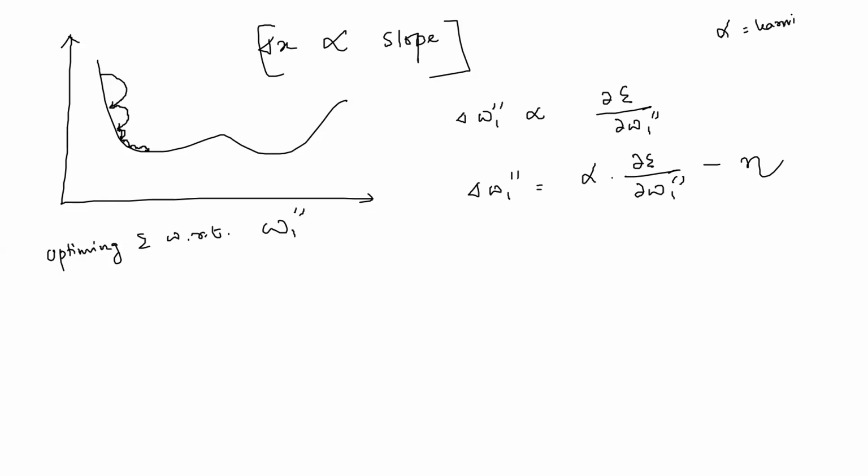Alpha is the parameter which increases the jump size, and eta is the parameter which reduces the jump size. We call it the stickiness factor. So the higher the value of alpha, the faster will be the learning, the less accurate will be the learning.